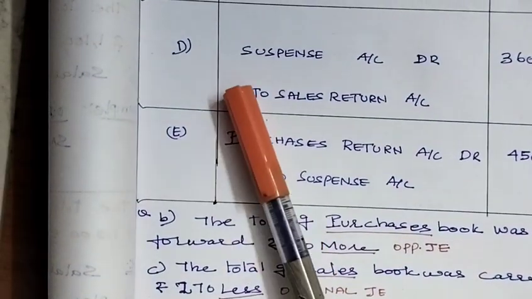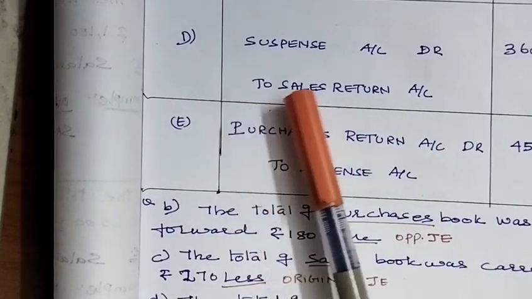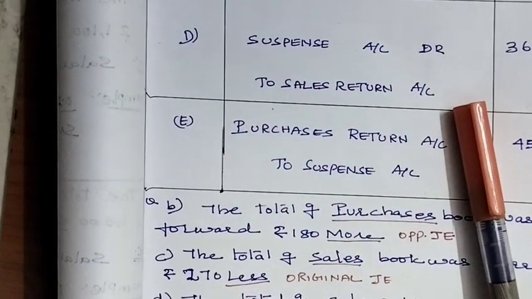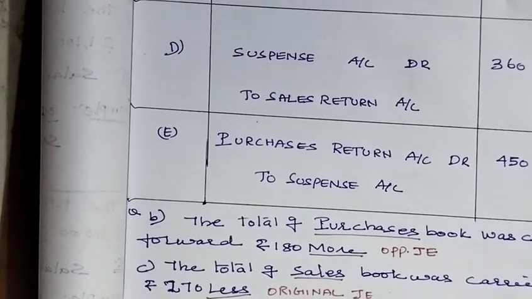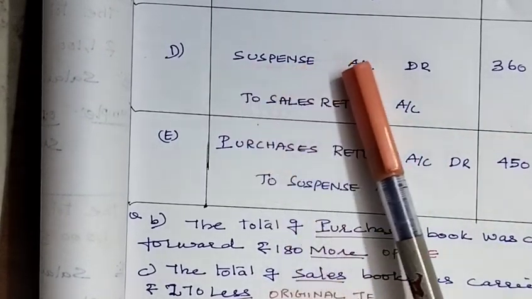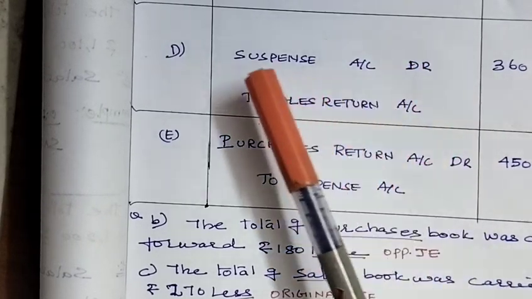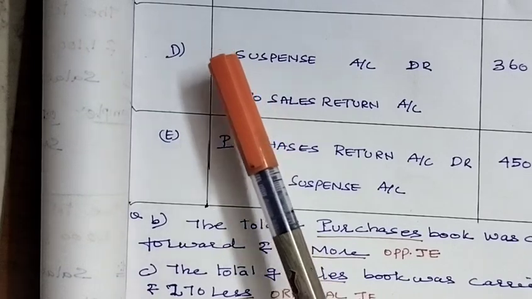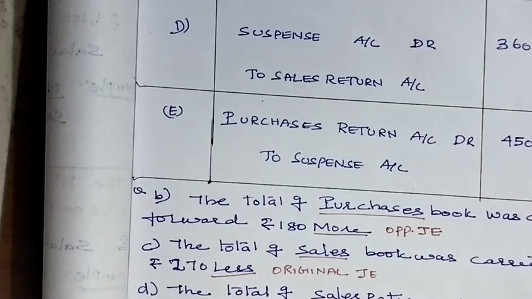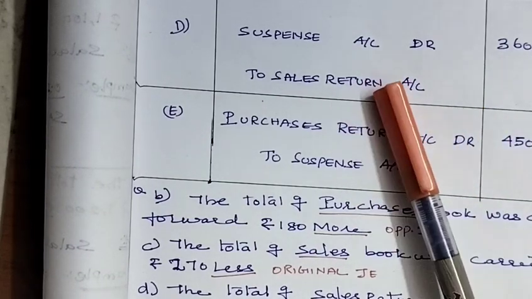To sales return account means the sales return account should be credited with rupees 360. So you have to use the suspense account on the debit side to rectify this error. So what is the journal entry? Suspense account debit 360 rupees, to sales return account 360 rupees. Now the error will be rectified.